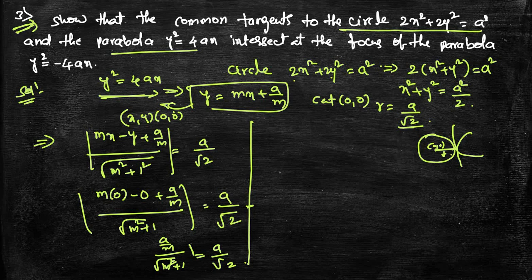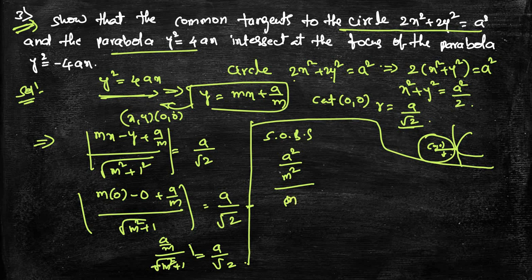If we do squaring on both sides, what will come? A square by m square divided by m square plus 1 will remain, is equal to a square divided by 2.